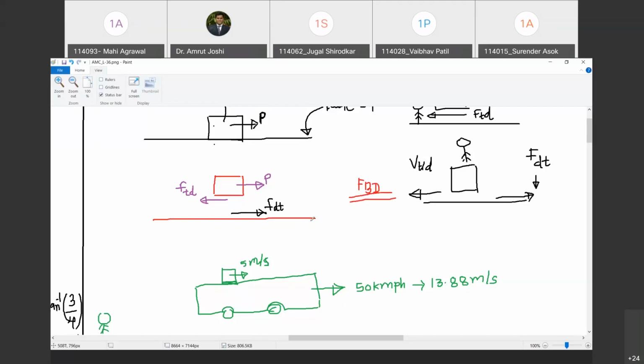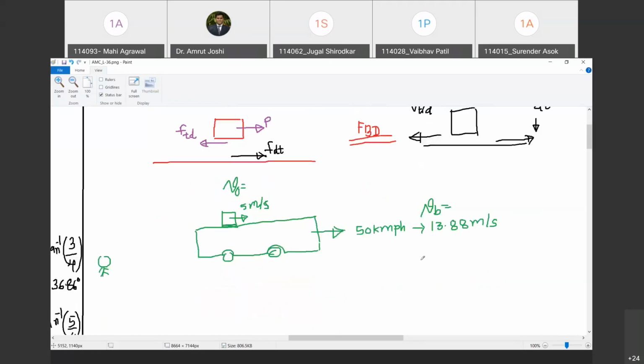So what do we have to do? This is the velocity of the bus. Let me call this the velocity of the object. Are you with me? Yes, sir. So on which object do I have to see the force? The bag. So where should I make the observer sit? On the bus.